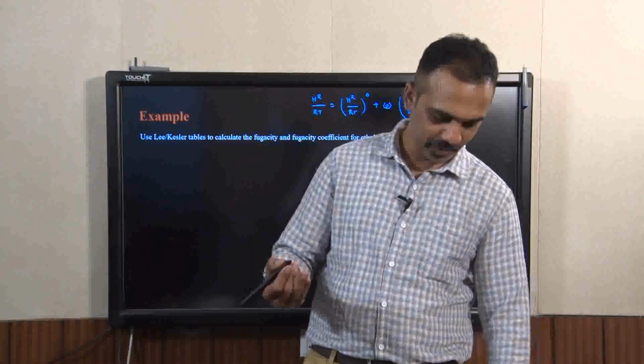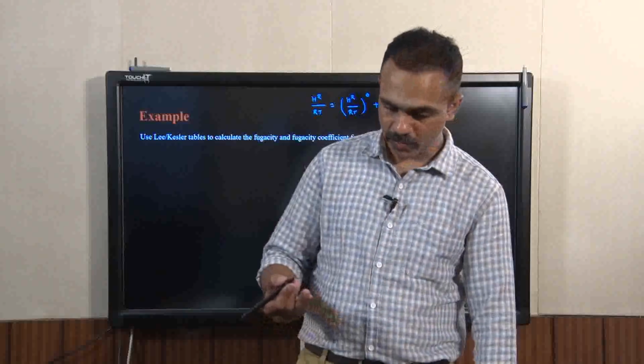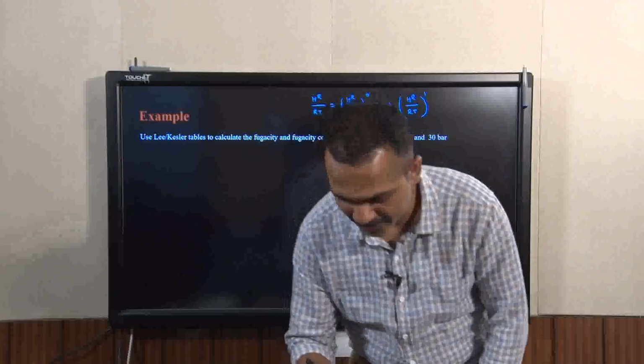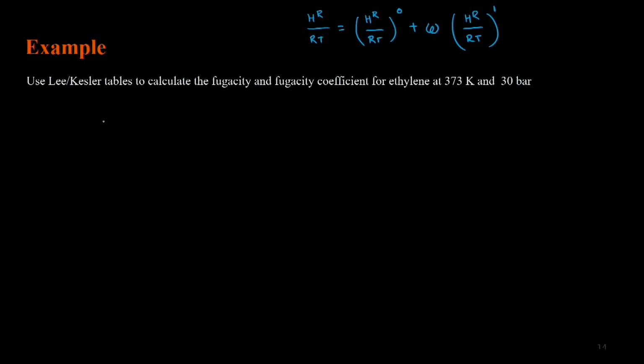Essentially it is related to residual Gibbs free energy, right? And the way we use Lee-Kessler tables is again looking up two quantities, phi naught and phi 1, in the Lee-Kessler tables at the given reduced conditions TR and PR, and then calculating phi, the fugacity coefficient, using the relation phi is phi naught times phi 1 to the power omega.